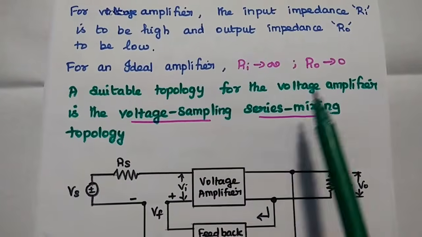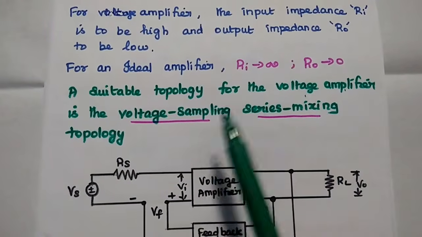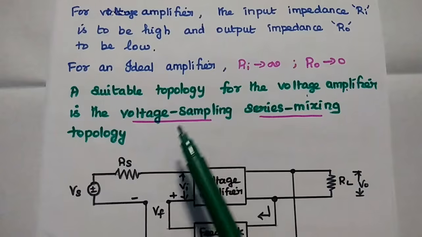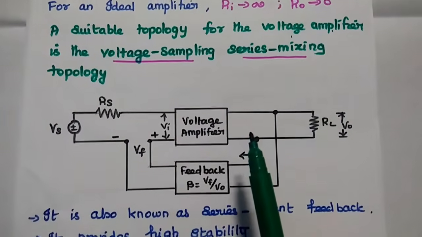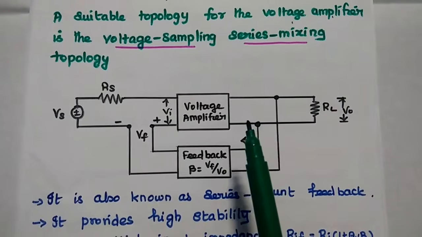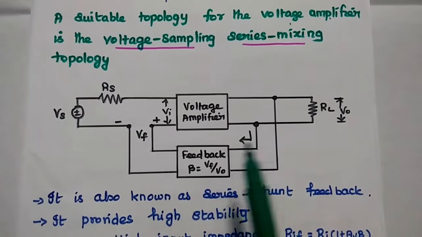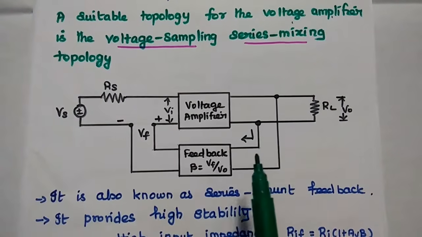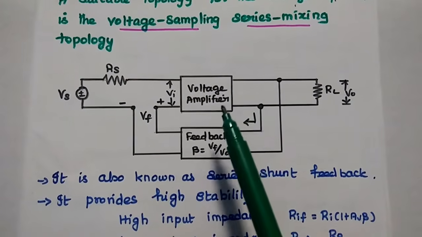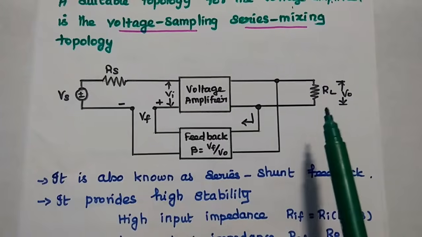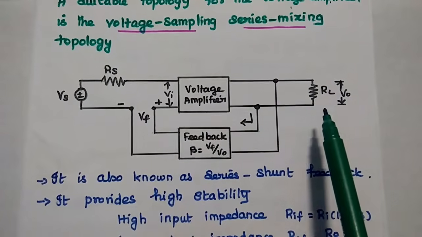So here you have to remember, for this voltage amplifier, the feedback topology is voltage sampling series mixing topology. This topology is used to provide the high input impedance and low output impedance for this voltage amplifier. So this is the voltage series feedback topology for this voltage amplifier.